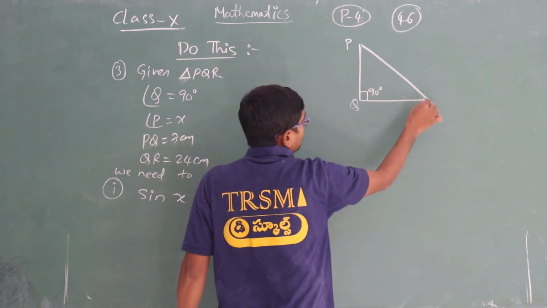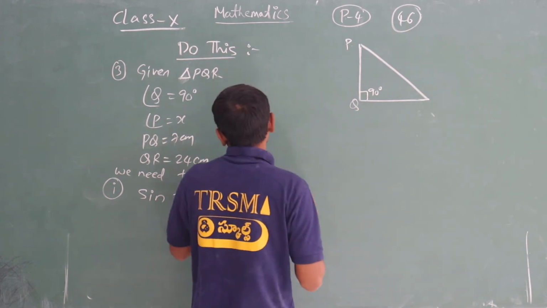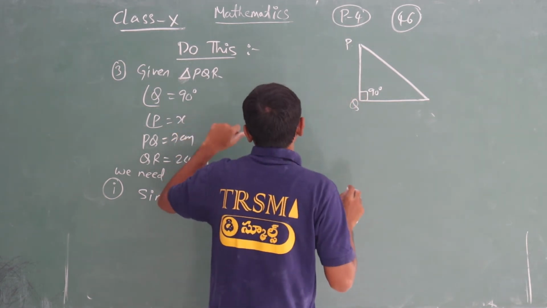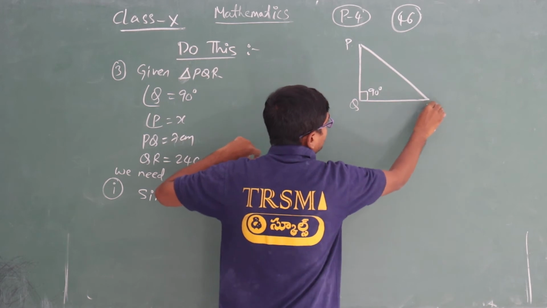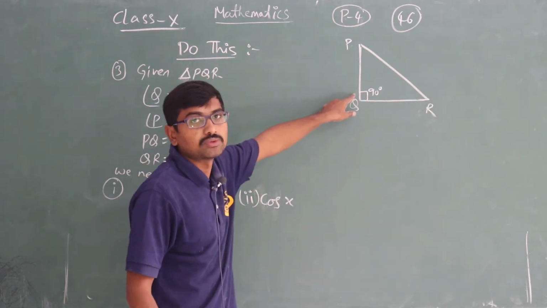So this is P, and Q is the right angle, and at last we will get the vertex R.